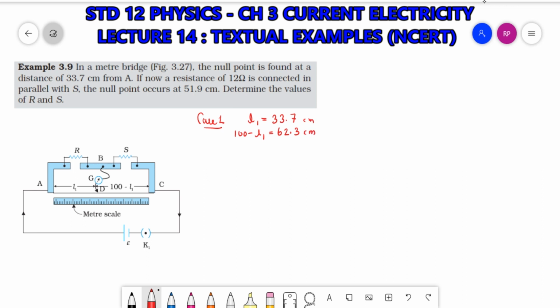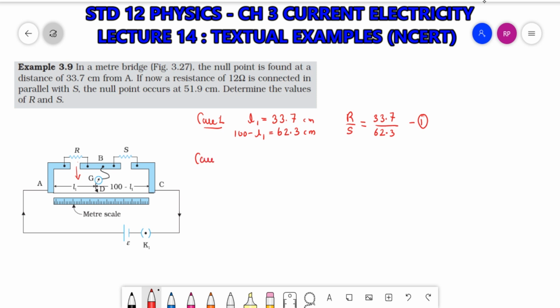In this case, using the formula for a balanced Wheatstone bridge, R by S will be equal to the length opposite to R, which is L1, so 33.7 upon 62.3. Let's name this as equation 1.